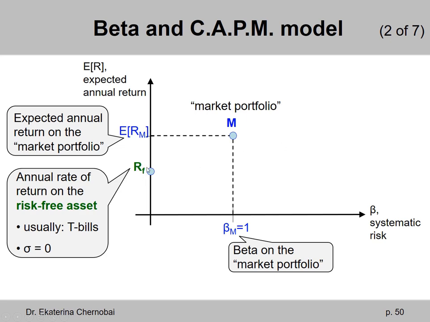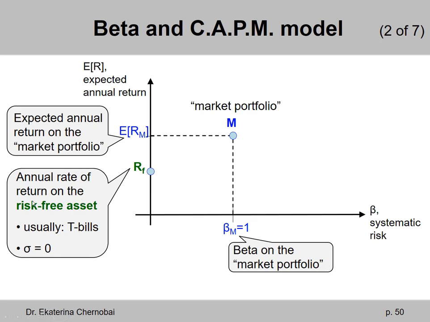R subscript lowercase f, RF, the return on the risk-free asset. From our last chapter, chapter 12, the risk-free asset was the short-term government bonds, known as treasury bills or T-bills. Risk-free, in theory, means no fluctuations in return.